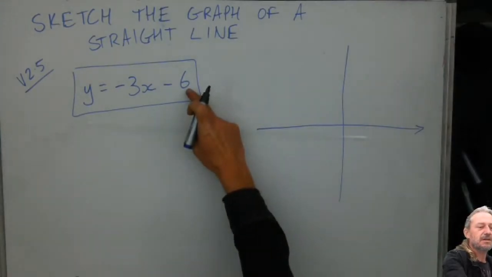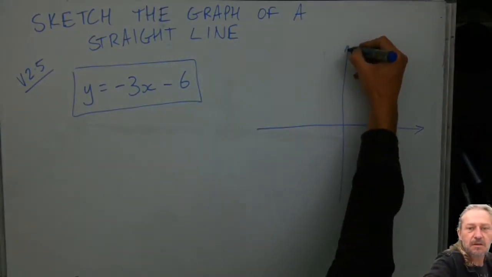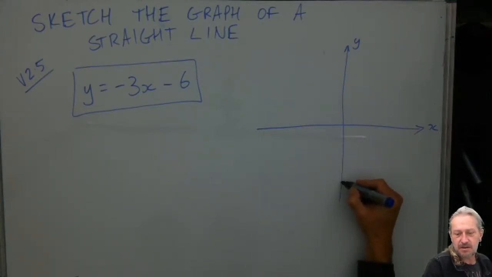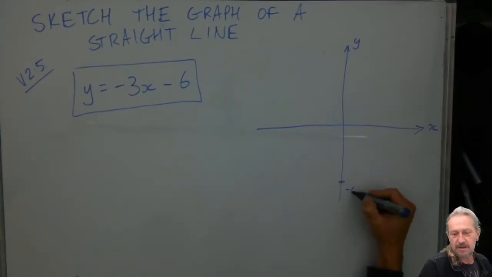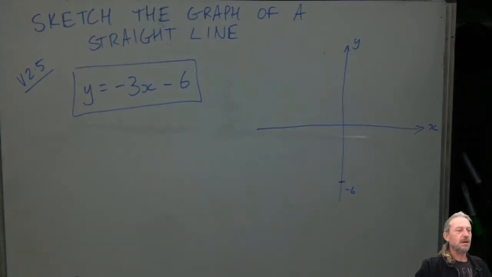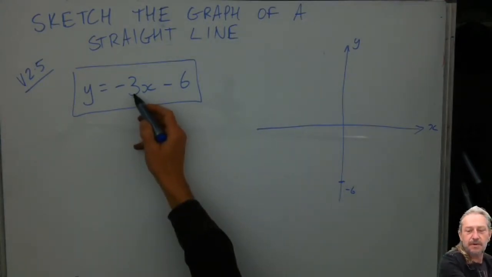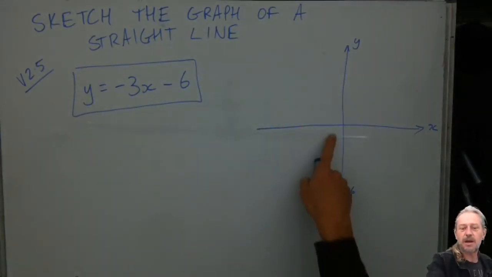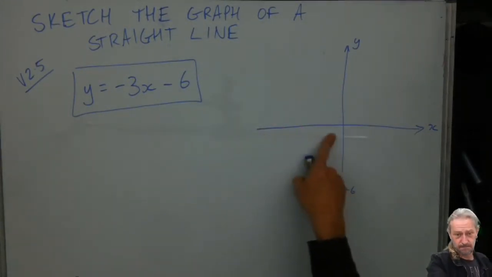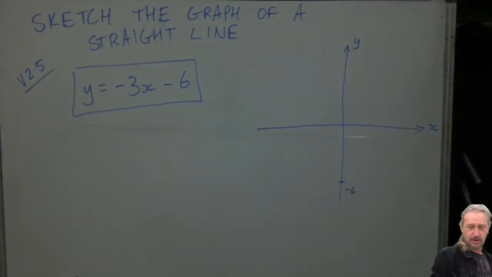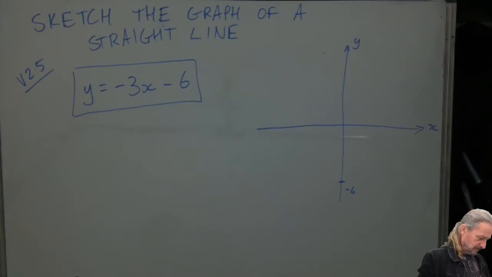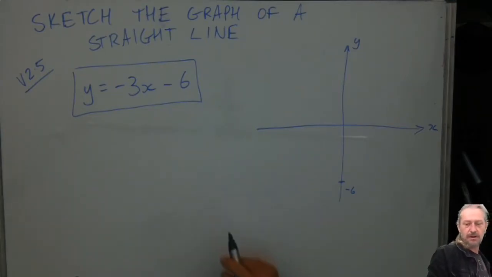So I know that it's going to cross the y-axis at -6, so let's call that -6, and our slope is -3, so it's going to be coming down this way, but we just need to work out at what value over here on the x-axis the line is going to cross.